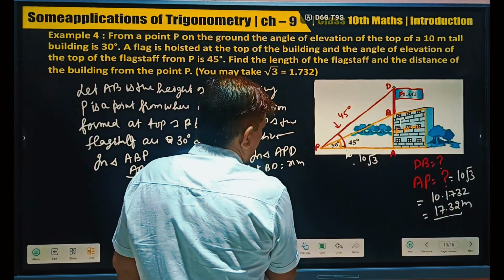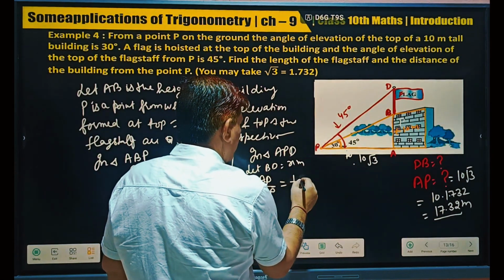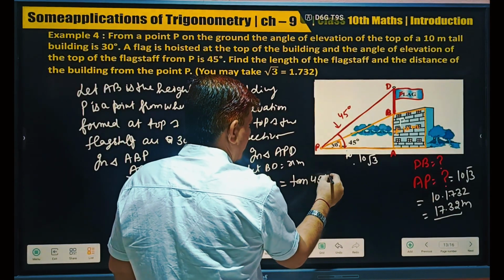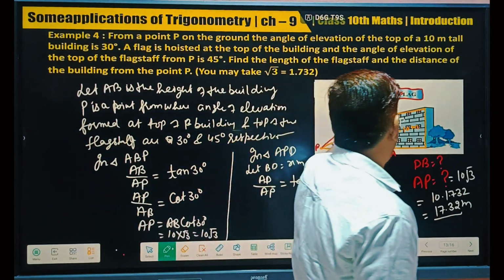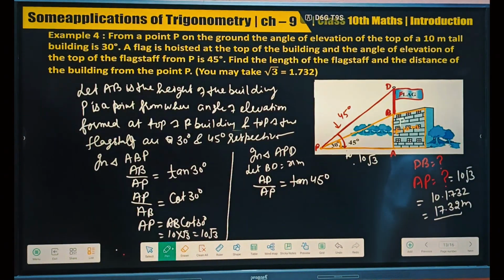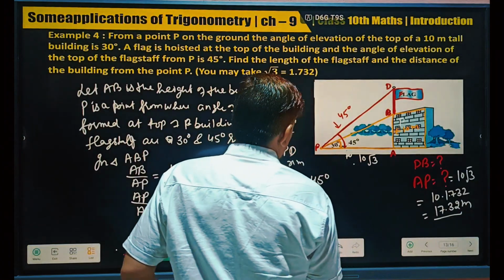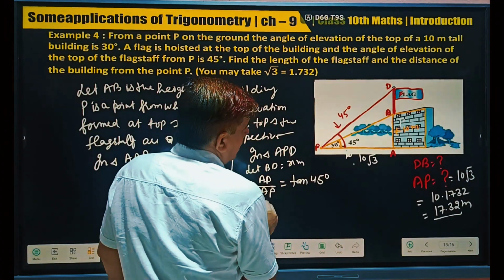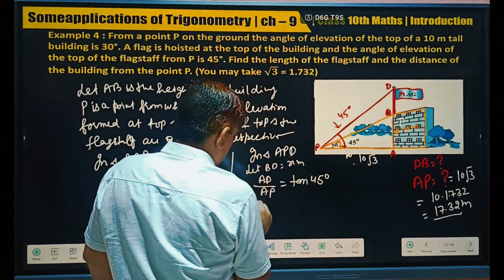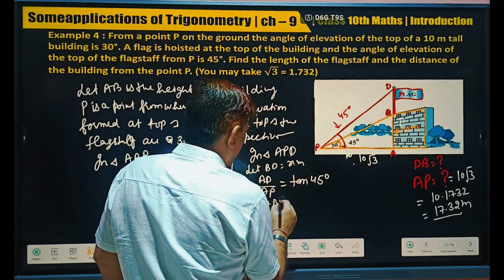AD by AP is equal to tangent 45 degree. Perpendicular by base is tangent. AD is how much? AD is AB plus BD.